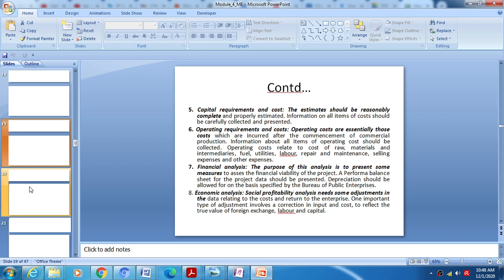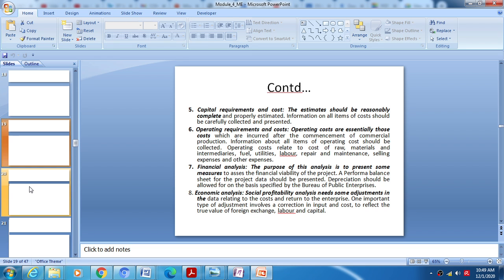So basically, these are nothing but to estimate the cost of all the items which have been listed there, for example, raw materials, fuel, utilities, labor, repair and maintenance, selling expenses, and other expenses. So all should be analyzed carefully.